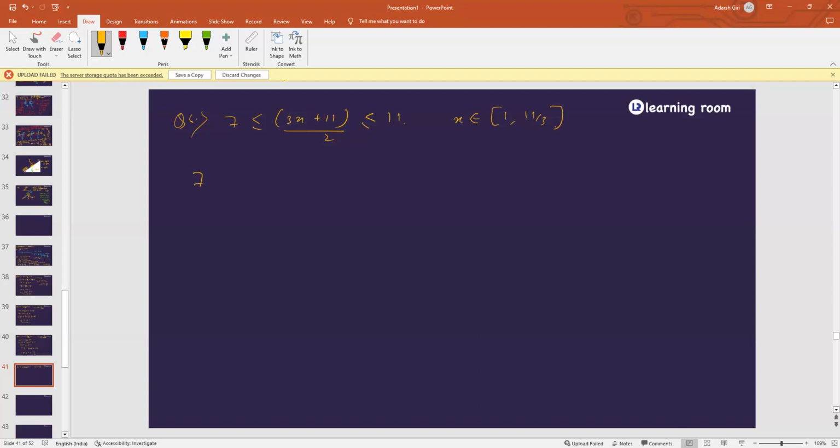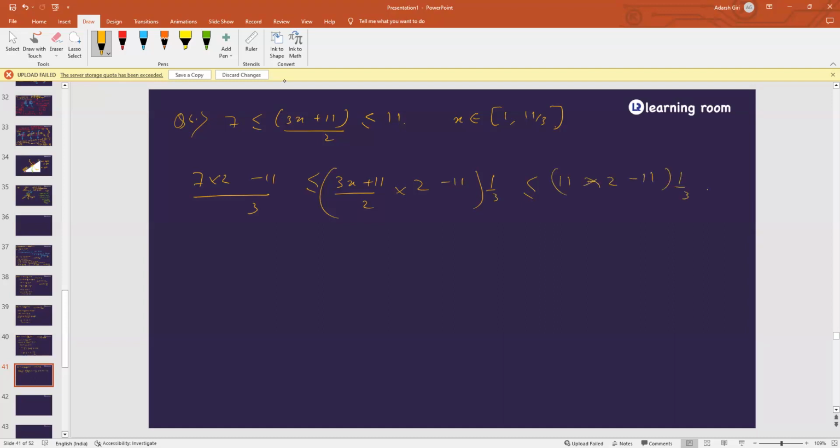First I'll be multiplying into 2 and then minus 11 and whole divided by 3, right? First into 2, minus 11, whole divided by 3.